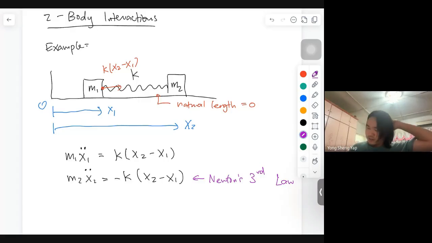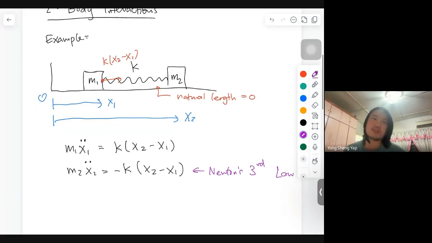From last week, you surely know how to solve this system. Does anyone have an idea what the way to analyze the system is? What's the most reasonable thing you can do in terms of the equations?